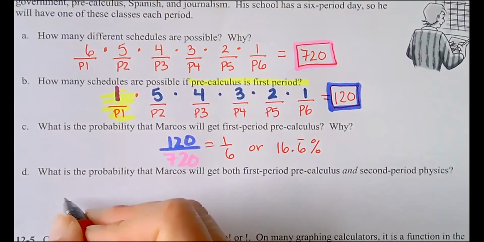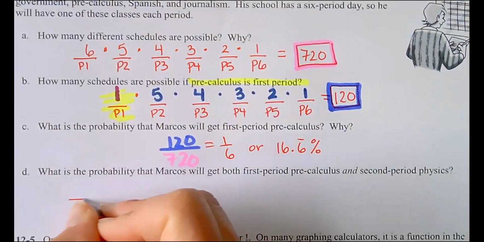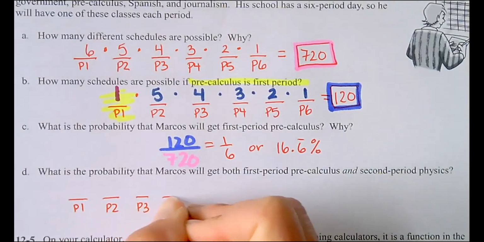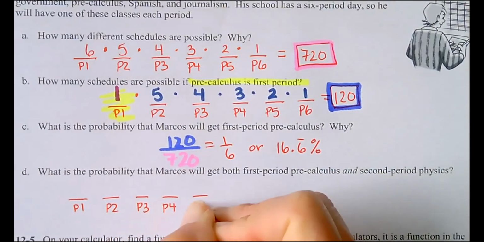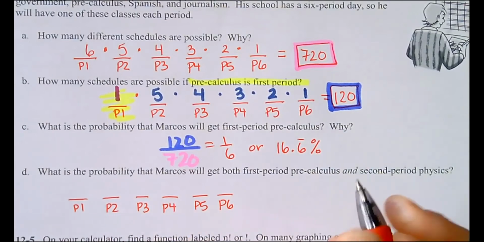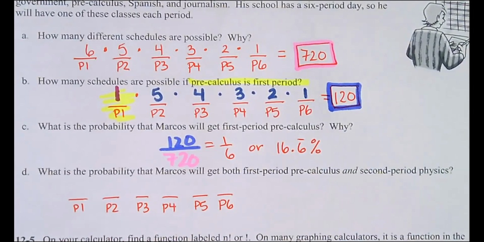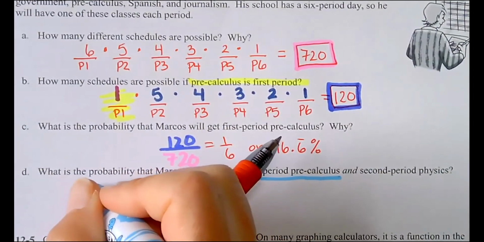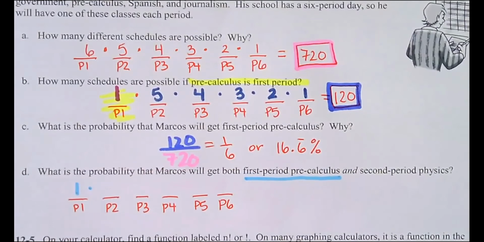So if I am doing a decision chart for this, again, we have period 1, 2, 3, 4, 5, 6. Now, in order to get his pre-calc first period, there's only one way that that can happen. In order to get his second period physics, there's only going to be one way that can happen.